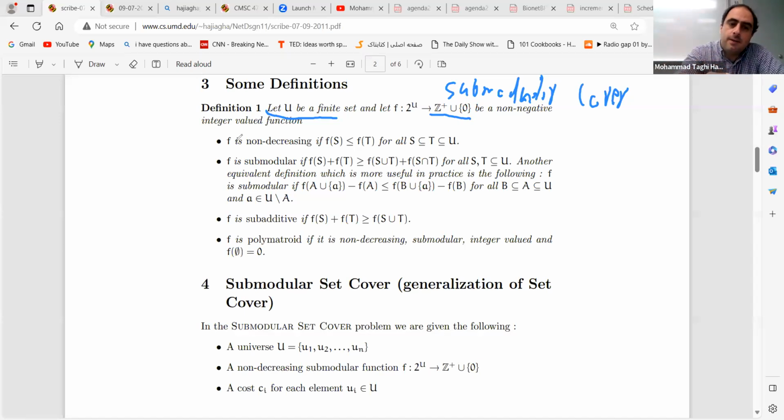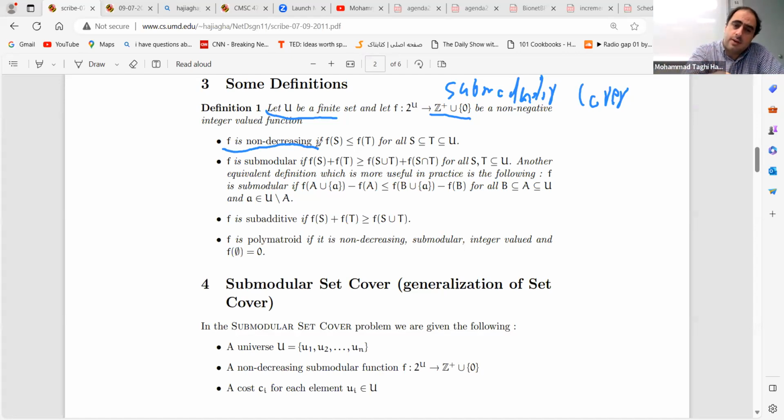If we have this property, f is non-decreasing, which means that f of S is less than or equal to f of T for all S and T which are subsets of U, and S is a subset of T. Better than increasing, we'll just call it non-decreasing.